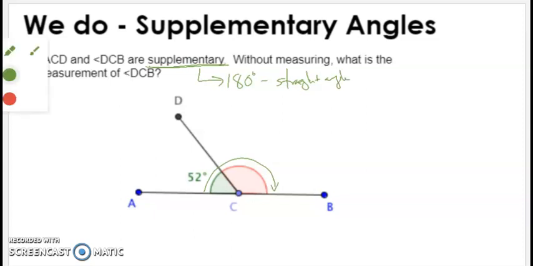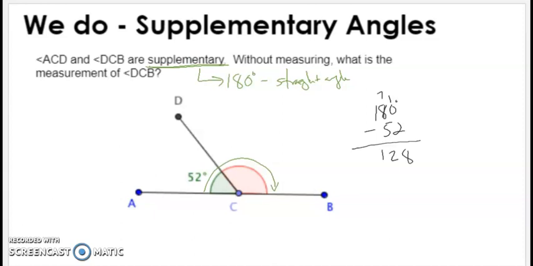So all we have to do is a little basic math and we can figure that out. So if altogether, if ACB is a 180 degree angle, and 52 of that 180 is ACD here, then the rest is going to be that. So a little basic math, 180 minus 52.